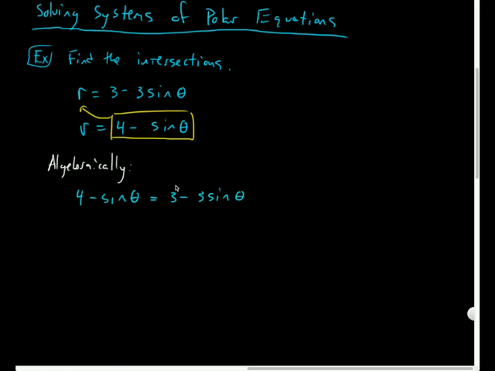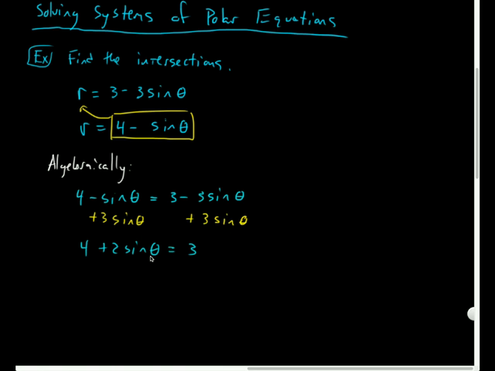So I think it's probably valuable for us to gather our signs together, right, and do some manipulation here. So let's see, what should I move around? I think I'll add the 3 sine theta to both sides. And we'll have 4 plus 2 sine theta equals 3.